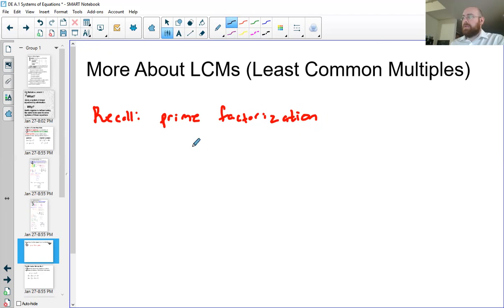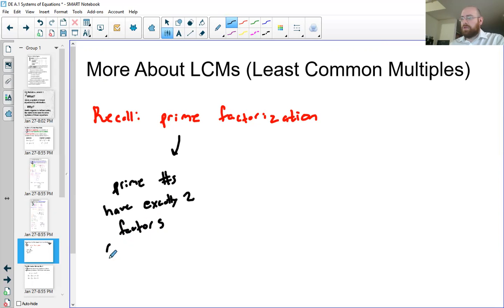So a prime number, so prime numbers have exactly 2 factors, which is the number 1 and itself.